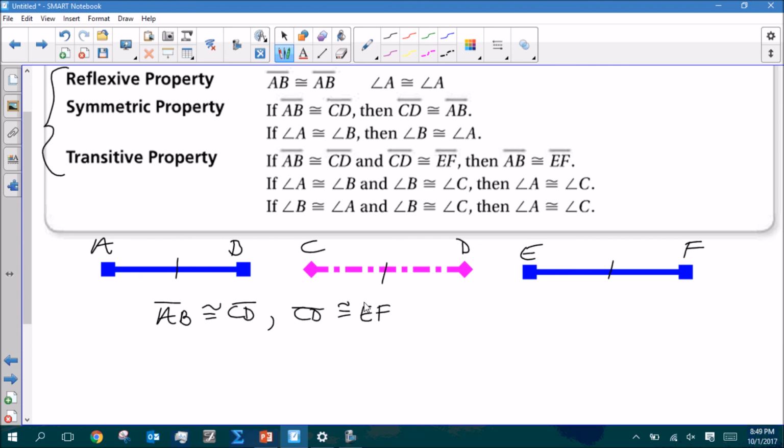Maybe that's all we're provided with. We go through our problem, that's what we're provided with, that's what we're going to determine. But if that's true, we can see that CD is the middleman, and that's the link that gets me from AB all the way to EF. So now I can make the argument that AB is congruent to EF.